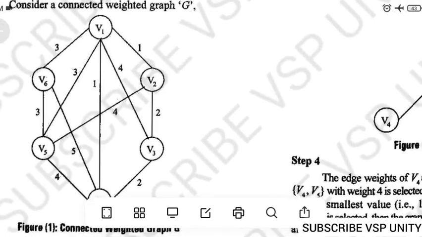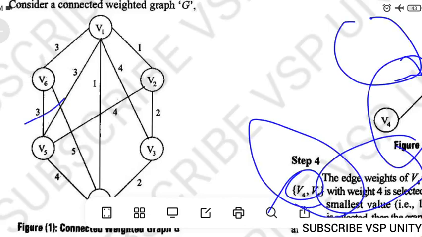For v5 we have adjacent vertices v6, v1, v2. From v5 to v6 the weight is 3. From v5 to v1 the weight is 3, and v5 to v4 the weight is 4. But see here, we have two paths with the same weights, but if you go from v5 to v1 it will form a cycle.